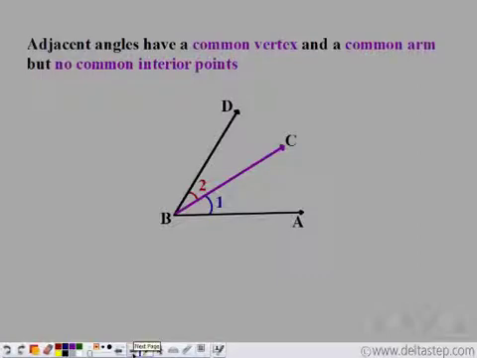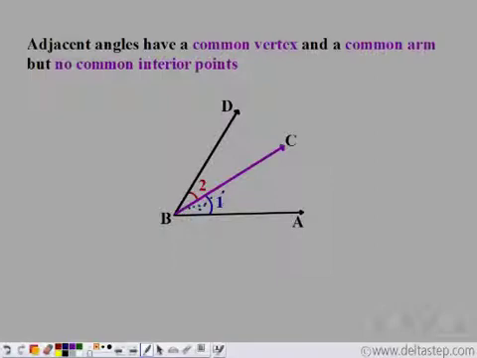Now, an interesting thing about adjacent angles is that they have a common vertex and a common arm, but they do not have any common interior point. So, they have no common interior points. Let us see. What are the interior points of angle ABC, which is angle 1? We can clearly see that angle 1 and 2 are adjacent here. So what are the interior points of angle 1? Interior points are the points which lie in the interior of the angle.